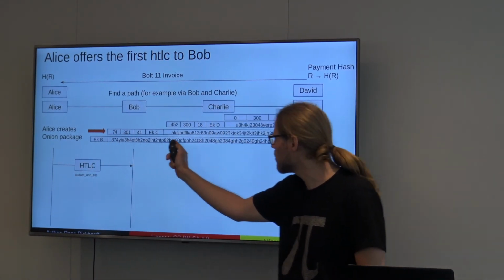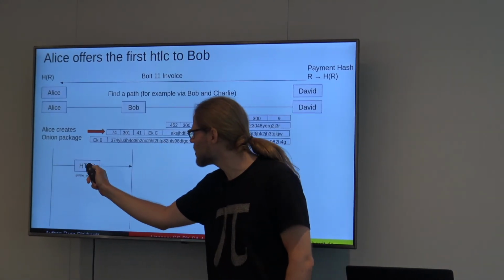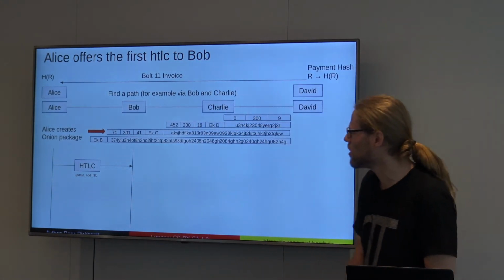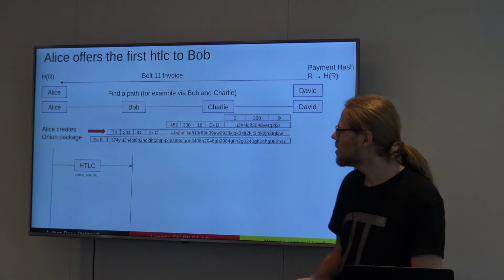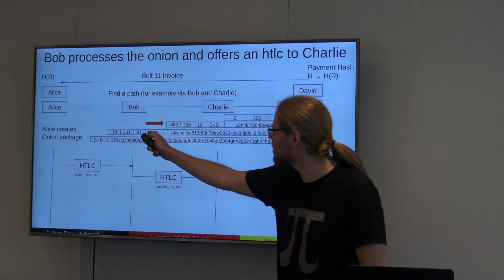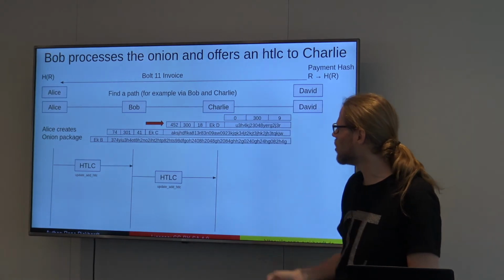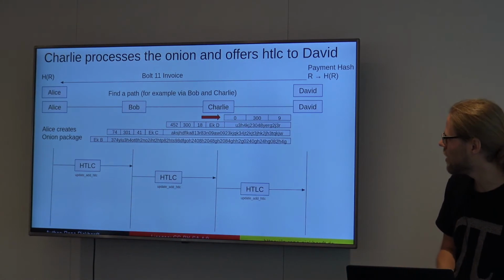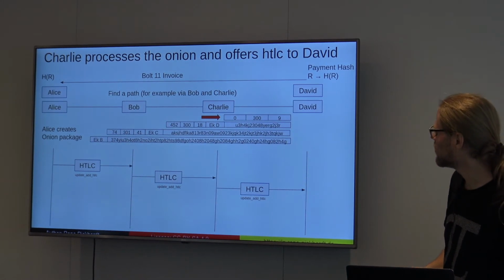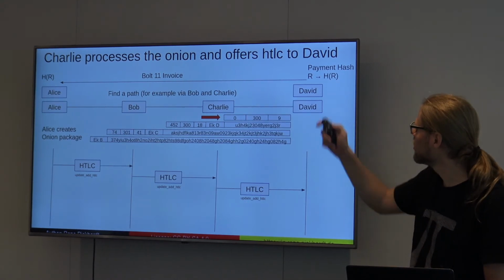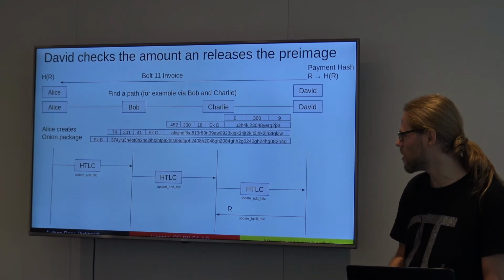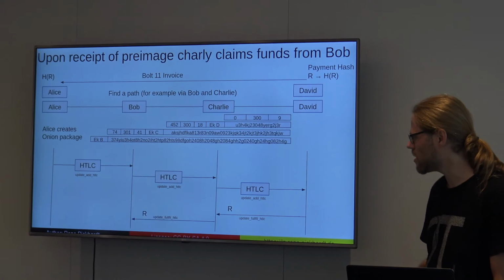So this blob is sent from Alice to Bob, and then Bob decrypts this, sees this part, and creates a new onion sending over this part. Then the final onion arrives at David.